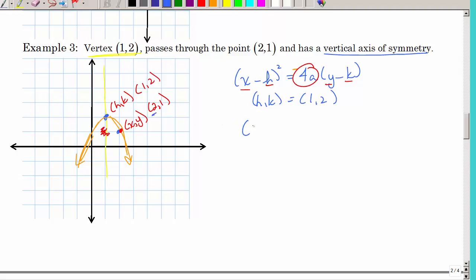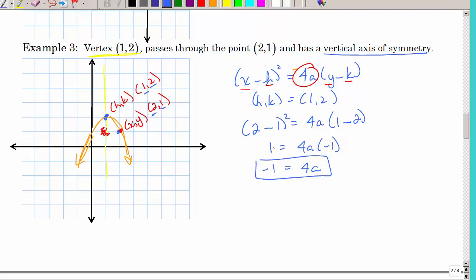So x is 2 minus h is 1. And I'm just going to say 4a. I know it's going to end up being negative though. y is 1 minus k is 2. And sure enough, 4a is negative 1.